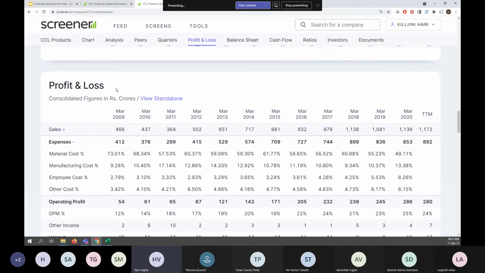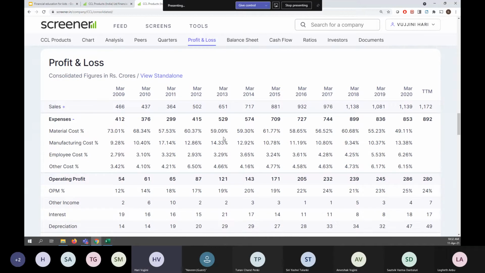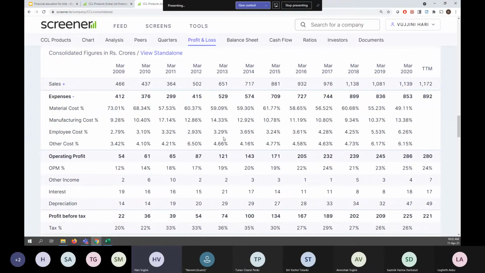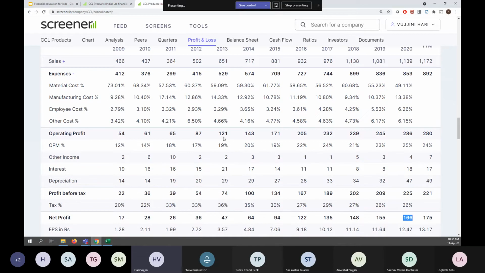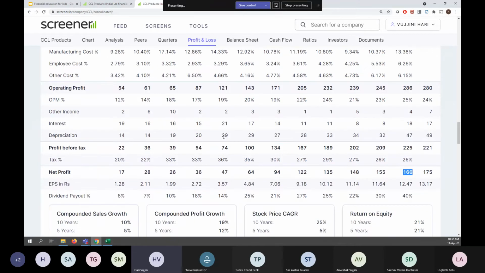So this is the profit and loss statement that you could analyze for any business to understand whether this company is making any money, how much operating profit they have, how much taxes they are paying. One of the measurements is whether these guys are paying enough tax.